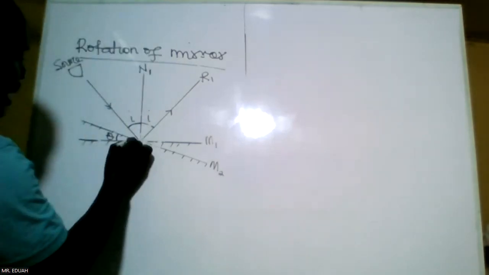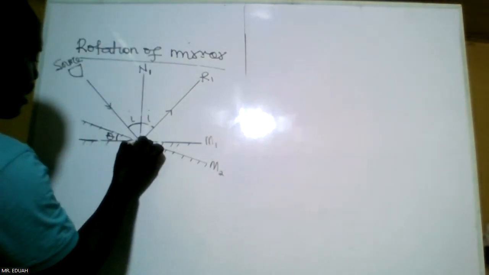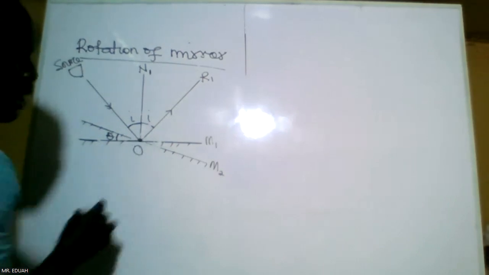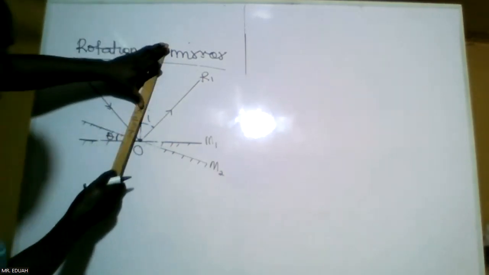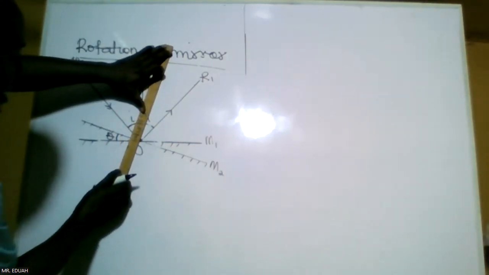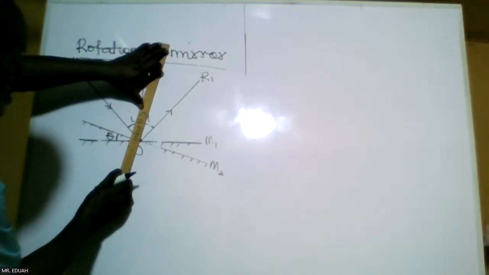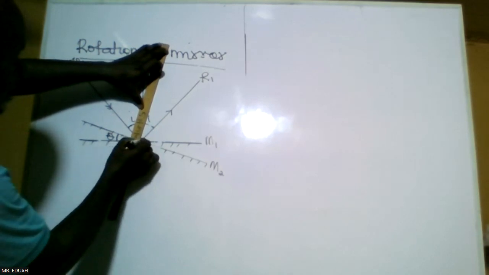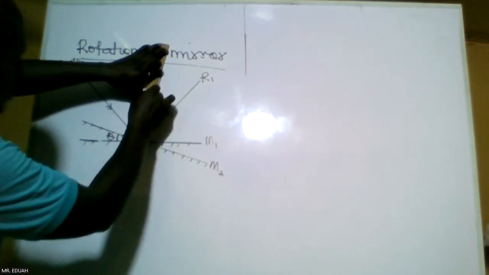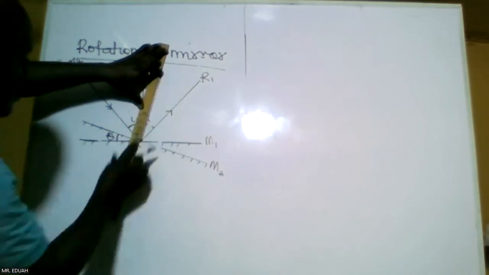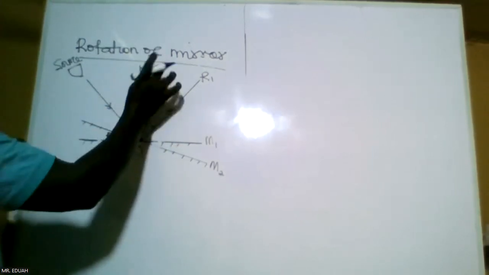So the new normal, this is O, the point O. The new normal must also be perpendicular to the second position of the mirror. So this is N2.